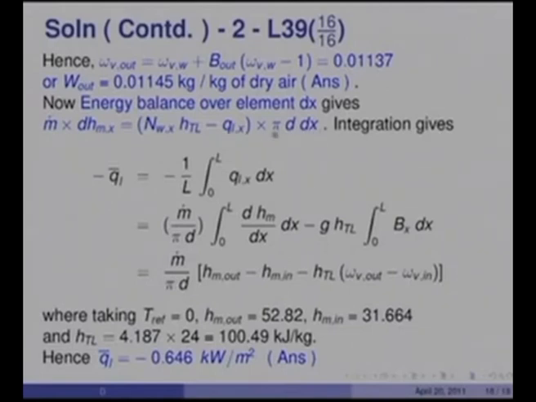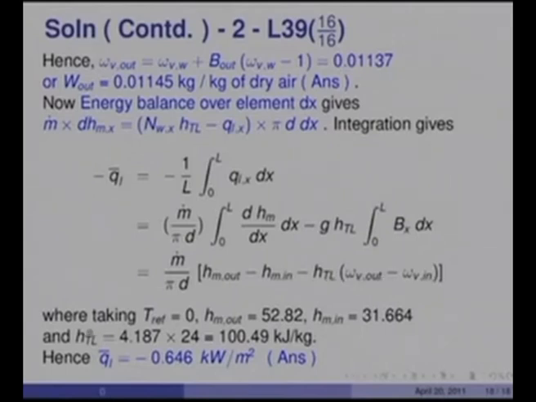So, if I integrate this expression for QLX, then I will get minus Q bar L equal to minus 1 over L, 0 to L QLX dx, which will be m dot by pi d, 0 to L dHm by dx, minus G HTL, 0 to L Bx dx, which will give me m dot by pi d into Hm out minus Hm in, minus HTL omega V out minus omega V in.